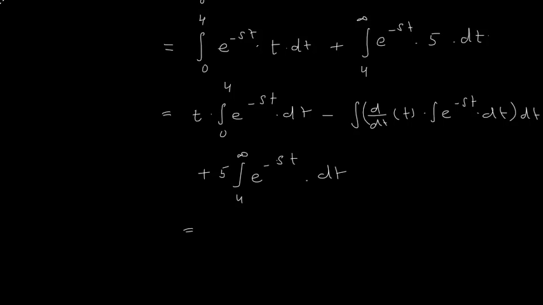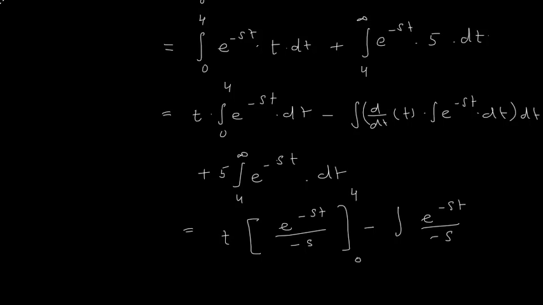Now I will integrate. So this is t, and the integration of e raised to minus st is e raised to minus st upon minus s, limit is 0 to 4. Then I have minus integration of: we differentiate t so we get 1, we integrate e raised to minus st so we get e raised to minus st upon minus s.